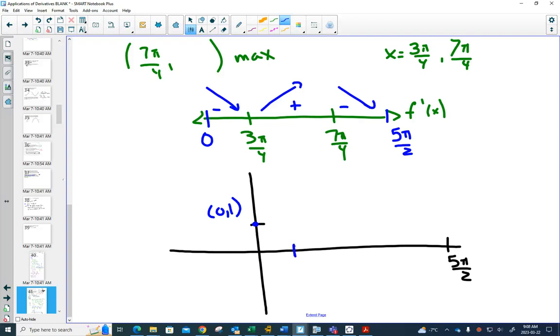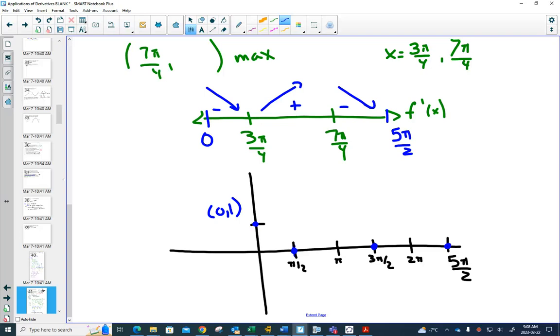Pi over 2, pi, 3 pi over 2, 2 pi. Pi over 2, 3 pi over 2, and 5 pi over 2 were all x-intercepts. And we know that we have a maximum and a minimum at 7 pi over 4 and pi over 4.